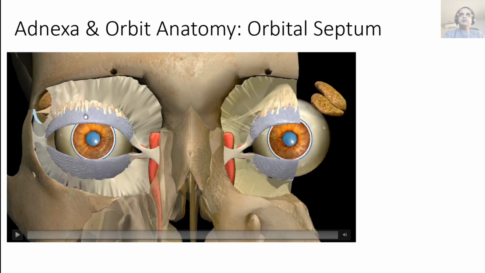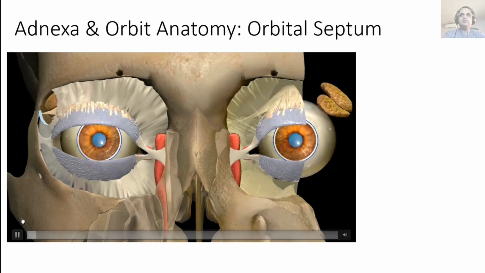It merges into these gray structures, which are the tarsal plates, and these fibers that look like little twigs are fibers of levator palpebrae superioris, and they pierce through the orbital septum to attach onto the upper lid. These two are ligaments: the medial canthal ligament and the lateral canthal ligament, which are basically anchors for the tarsal plates to the margins of the bony orbit.